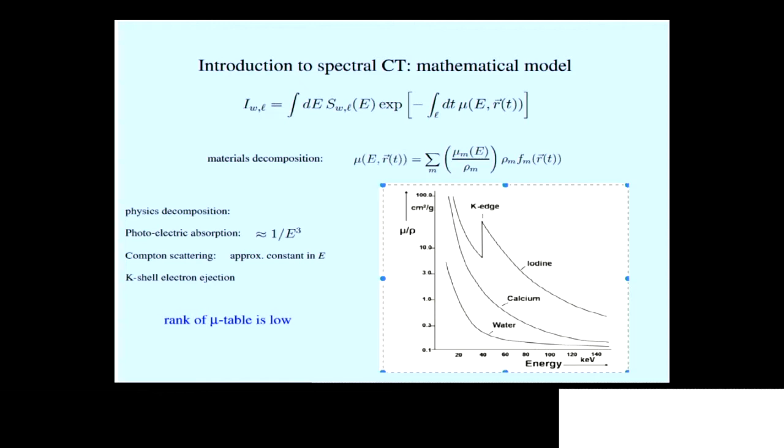That's why you see all these curves doing this kind of thing. And then there's Compton scattering, which is approximately constant in energy. Then you also have some atomic processes like K-shell electron ejection, which gives rise to these kinds of lines. You see the absorption coming down, then all of a sudden it jumps up again. That's because you're able to knock off K-shell electrons.